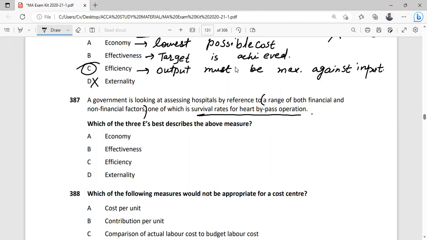So whenever you are determining any objective, now you have an objective, you want to determine your survival rate or success rate. So objective is always measured by the effectiveness, and we are trying to determine the effectiveness of this service. So here the answer is effectiveness. Any question?